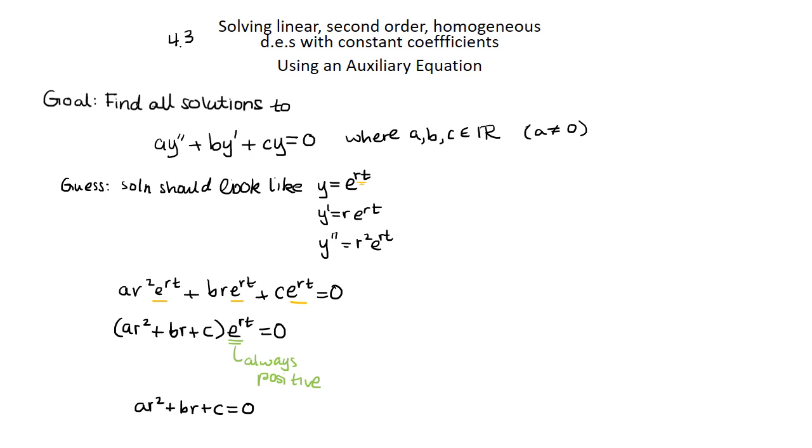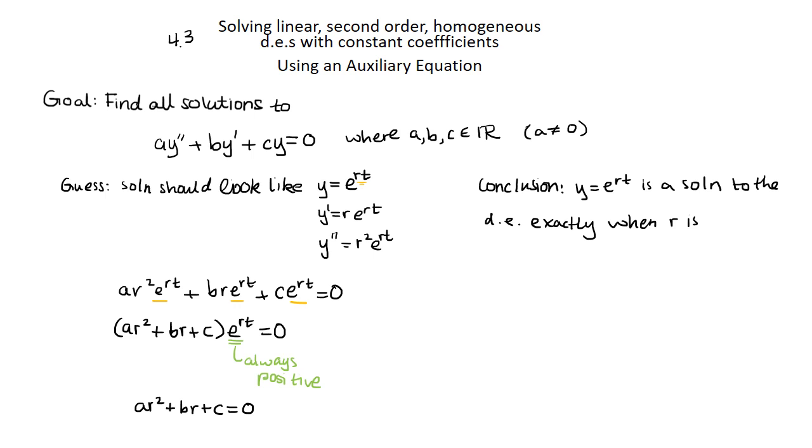So what's our conclusion? Our conclusion is that y equals e to the rt is a solution to the DE if and only if, so exactly when, r is a root of this quadratic polynomial p of x equals a x squared plus b x plus c.